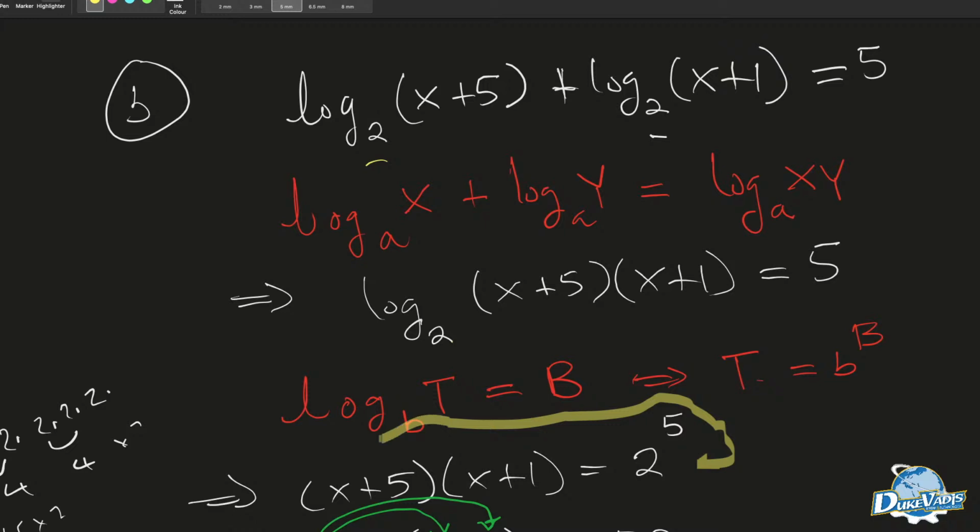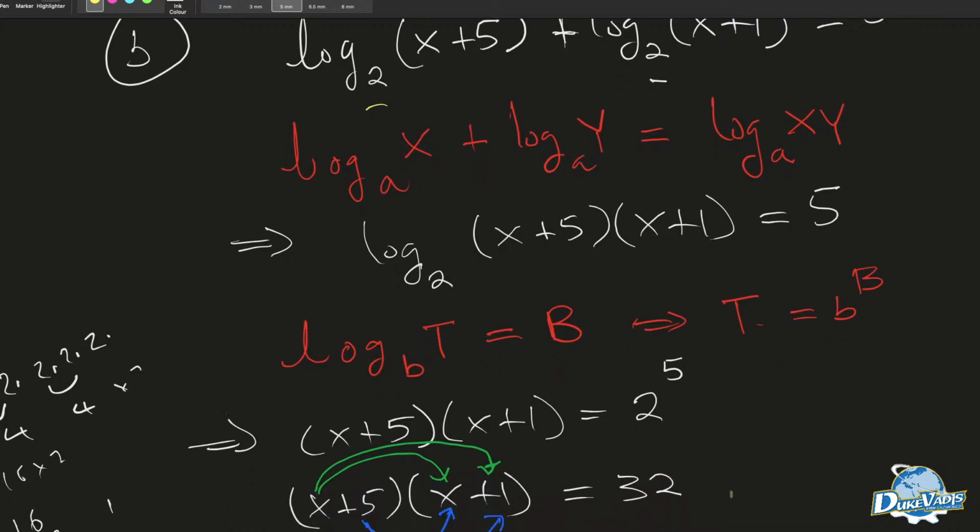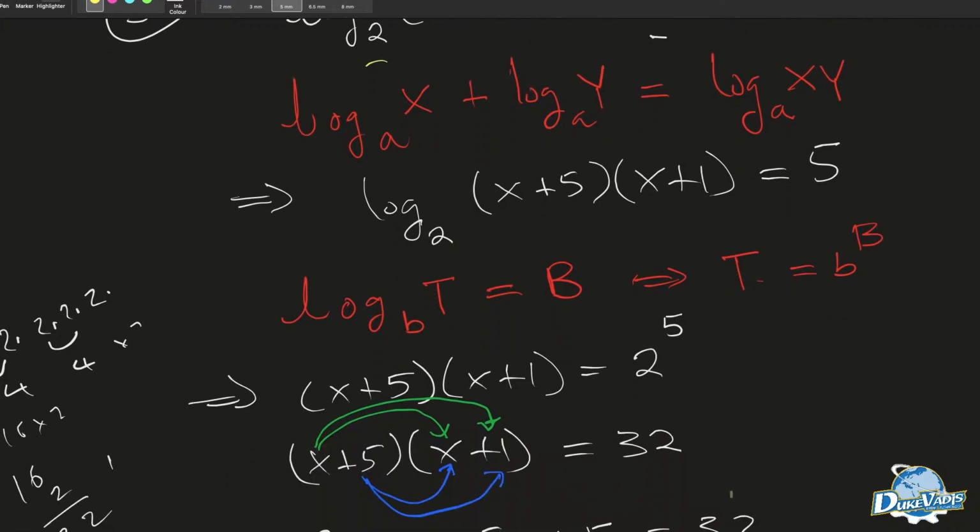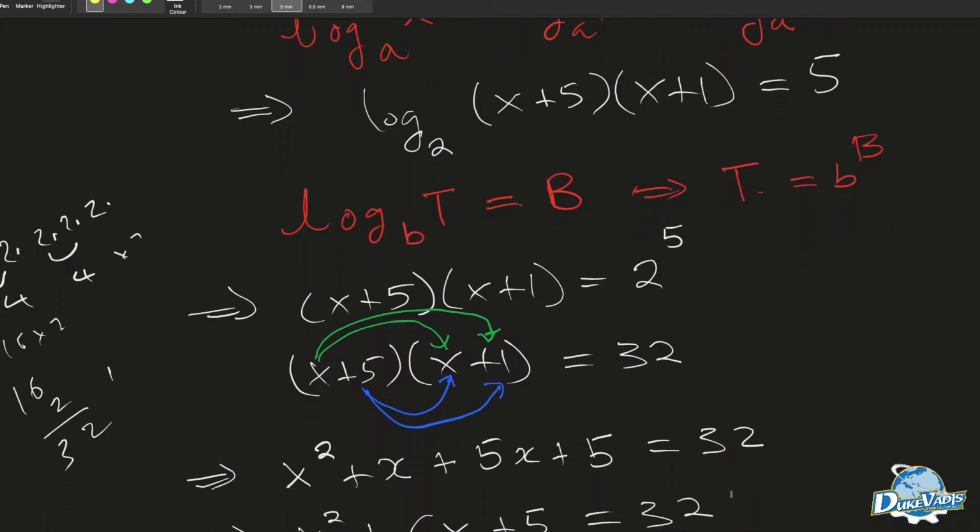Okay, so (x + 5)(x + 1) is equal to 2 raised to the power 5. And as we saw, 2 raised to the power 5 gives us 32. What did we do? We did expansion over here.